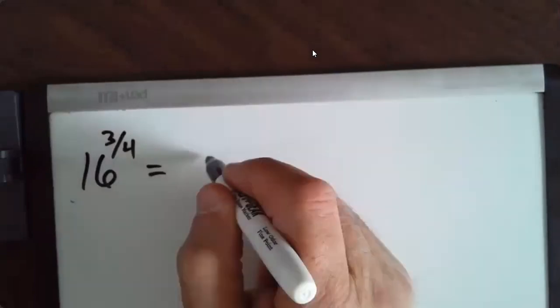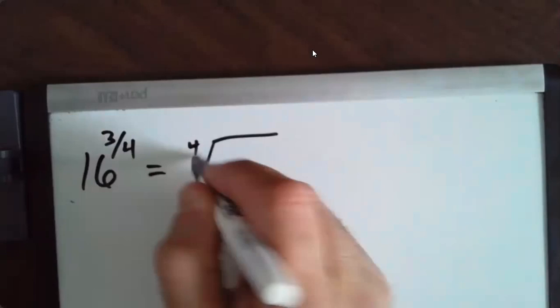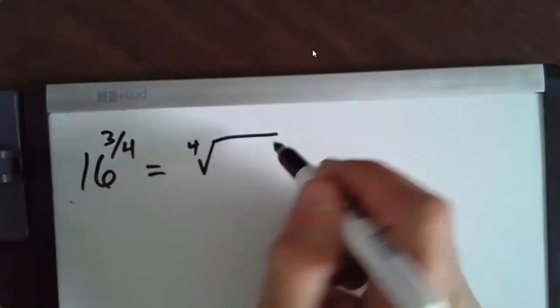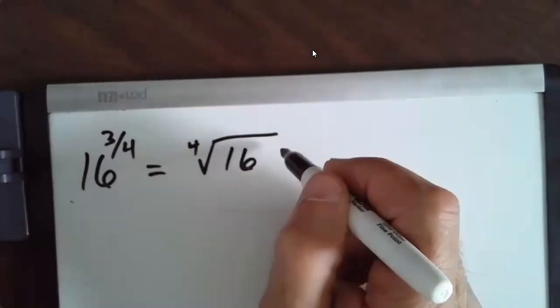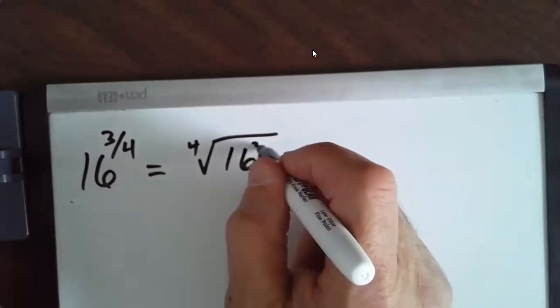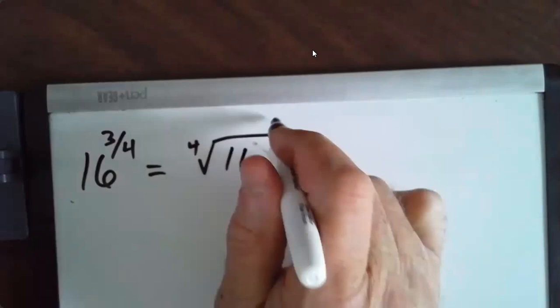Well, that's going to give you a radical. Whatever's in the denominator of your exponent is your root. So that'll be the 4th root of 16 to the 3rd power. You can put the 3rd power on the inside, or on the outside.